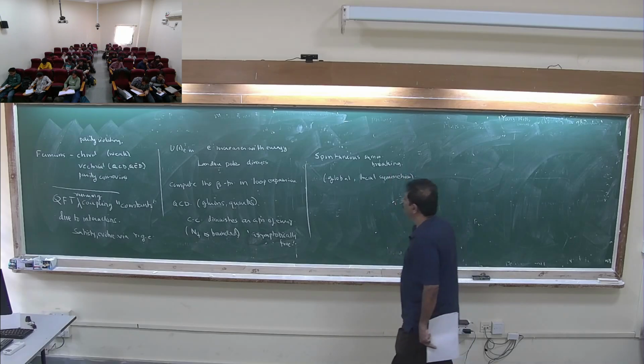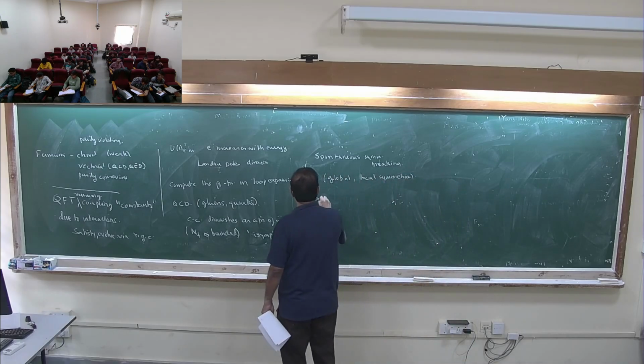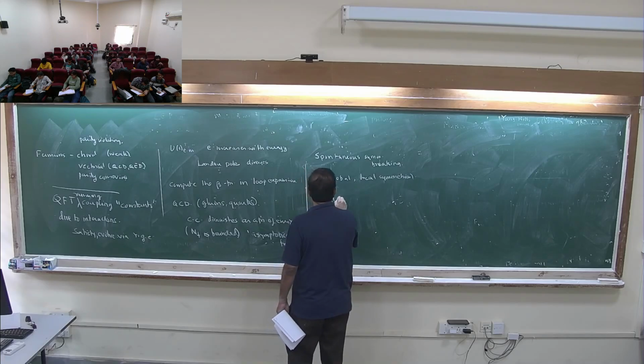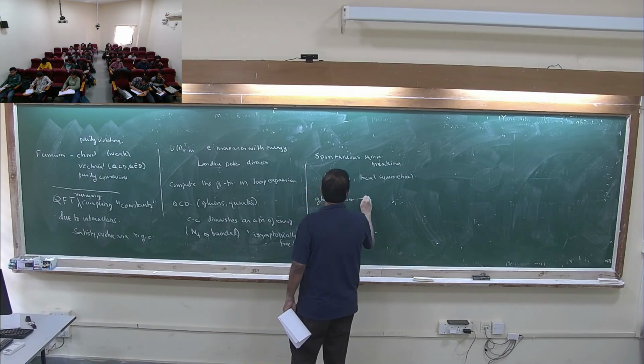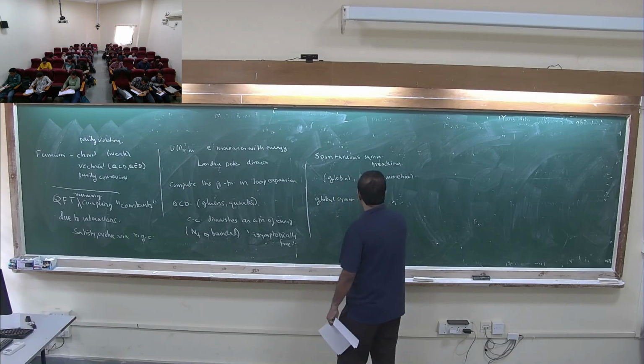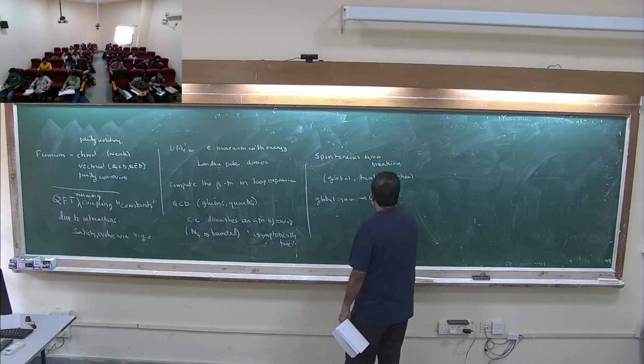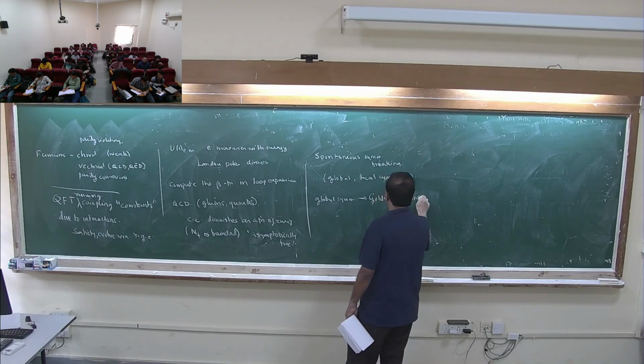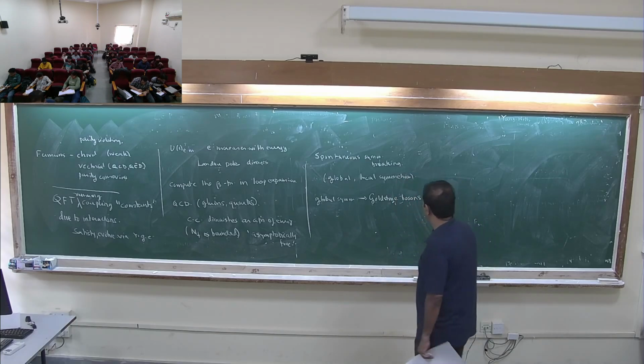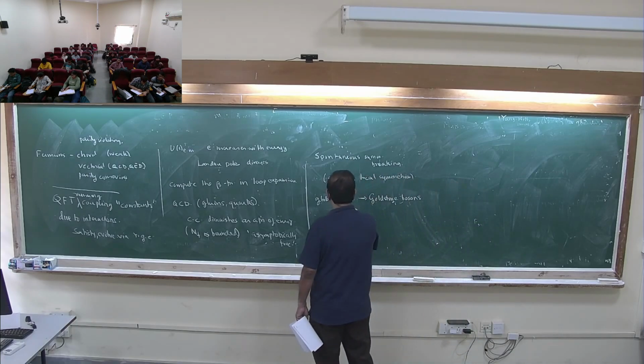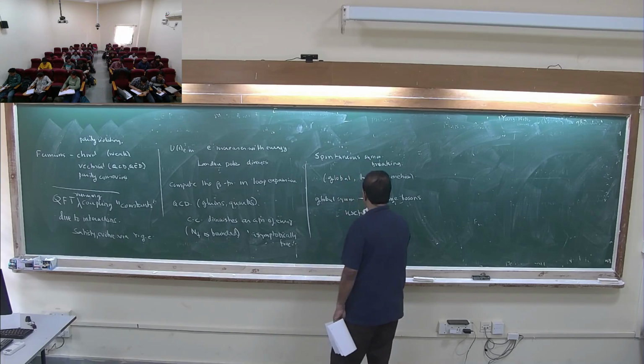So when global symmetries break, it gives rise to something called Goldstone bosons. And these are very useful for understanding the low energy spectrum of the strong interactions. And we will talk about this in the next class.